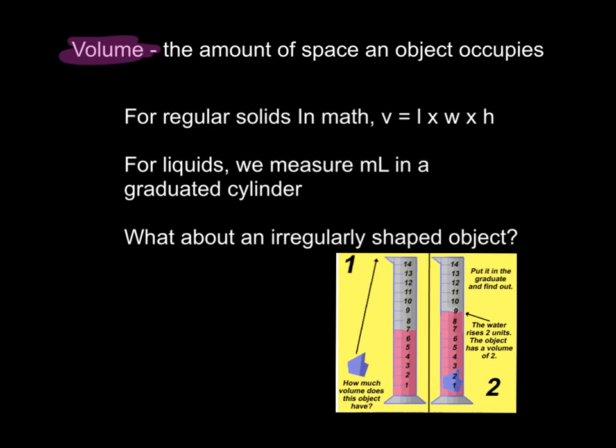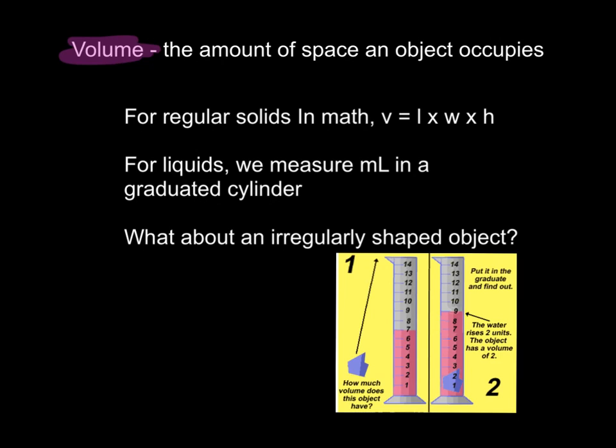Before we go into calculating density, we need to first talk about volume. Volume, as you know, is the amount of space that an object occupies or takes up. For regular solids, in your math classes, you have learned that volume is equal to length times width times height, and you practiced that on a volume worksheet a couple of weeks ago.